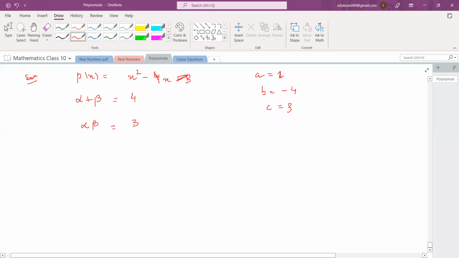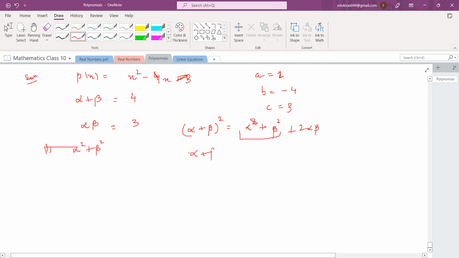Clear? Okay. Now first part, you have to find the value of alpha square plus beta square. So we will make use of the identity. I have just solved it, so make use of this. Alpha plus beta whole square is equal to alpha square plus beta square plus 2 alpha beta. So this you want to find out, so take it on the other side.